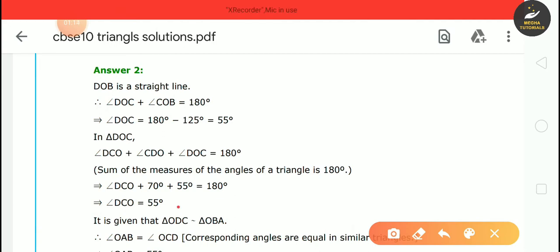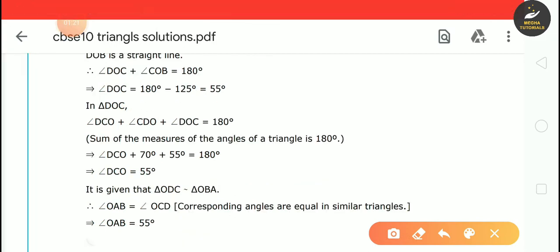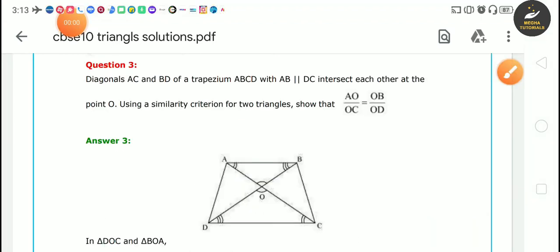So angle DCO is coming 55 degree. Okay. Now it is given that triangle ODC is similar with triangle OBA. So you can write angle OAB is equal to angle OCD because corresponding angles of similar triangles are equal. Therefore you can write angle OAB is equal to 55 degree. So this is your final answer.